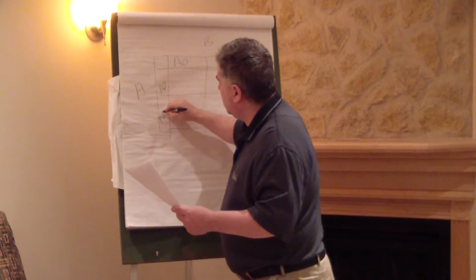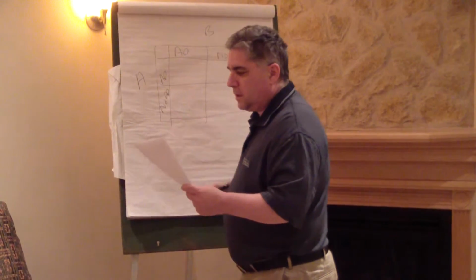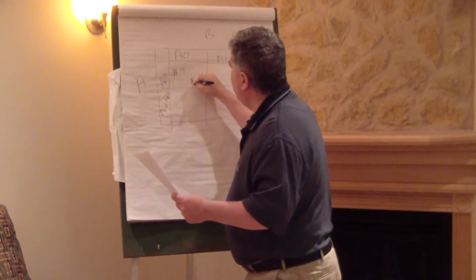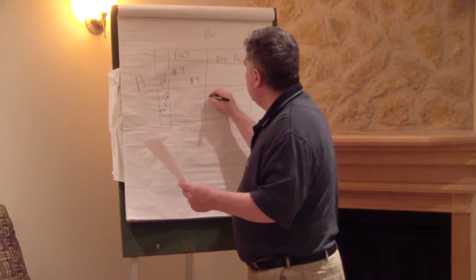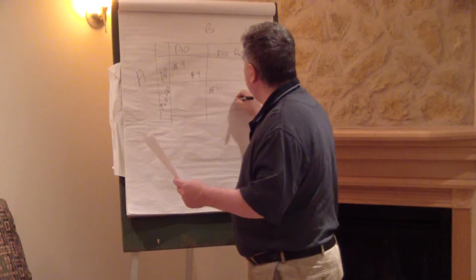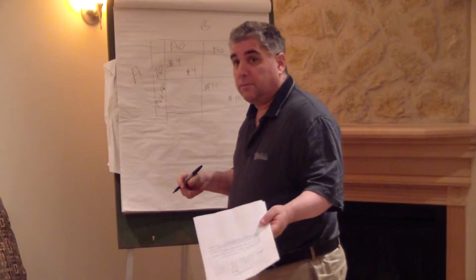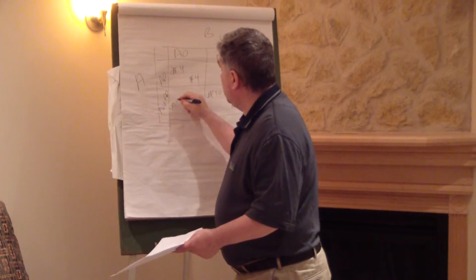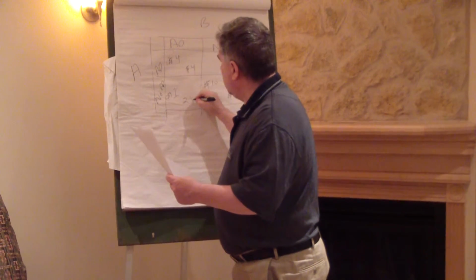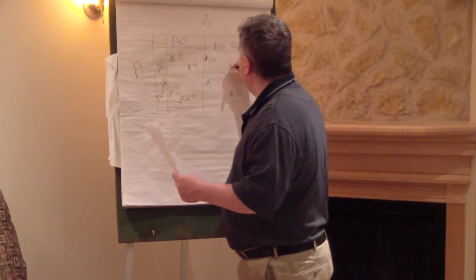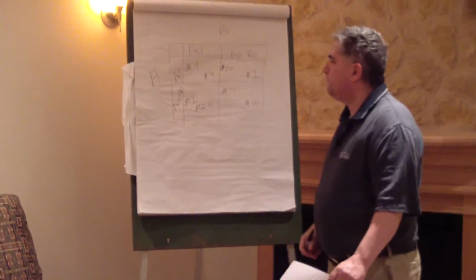Add and no add. $4 in profit, $4 in profit, $10, $10. It's symmetric. $1 and $20, $20 and $1.